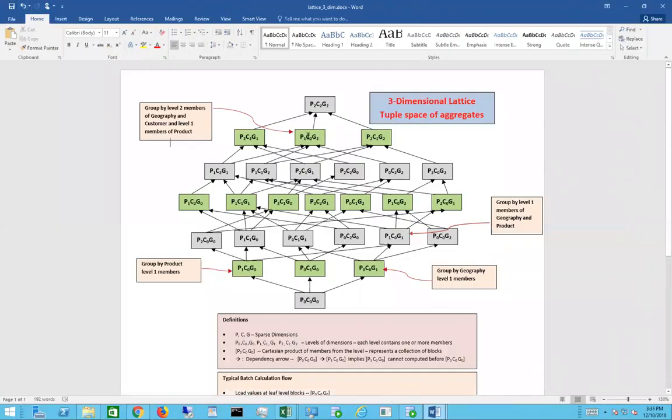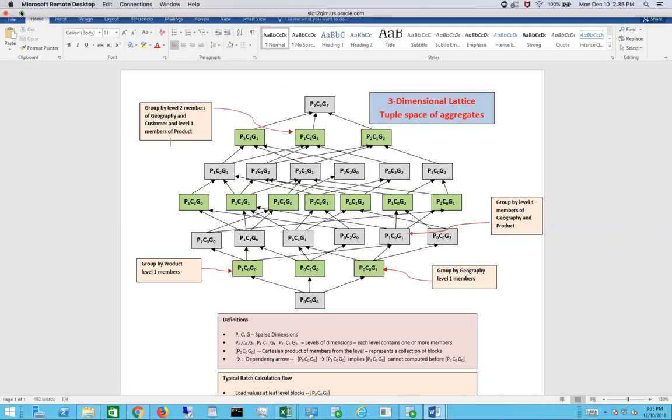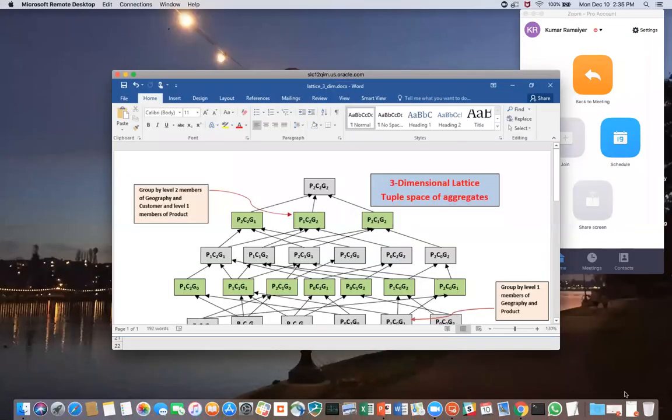If I pick a tuple from this node, it has specialized data structures to quickly find out who the descendants are, who I should aggregate to add up to this, right? This is encoded in our data structure. But if you have rows and columns, the concept of hierarchies or alternate hierarchies is not immediately available, so you need to build an extra data structure. So the data structure is very critical.